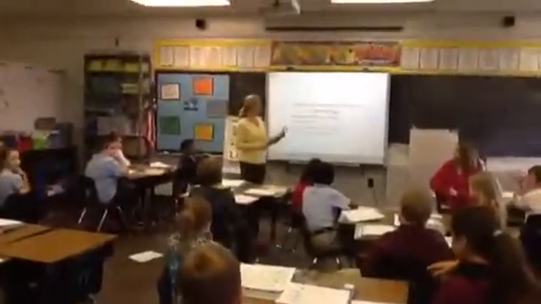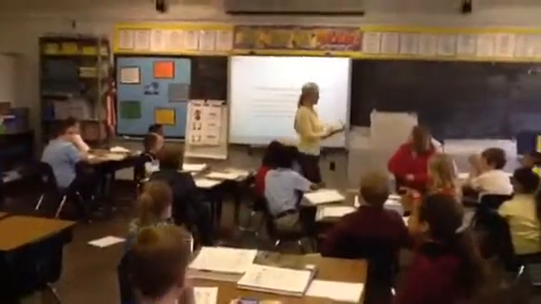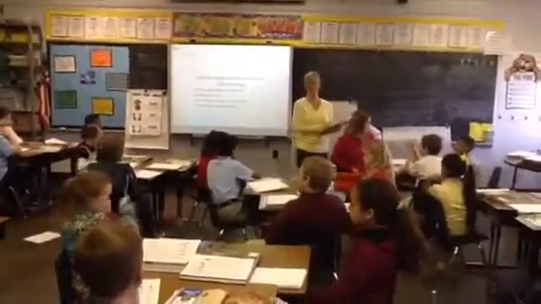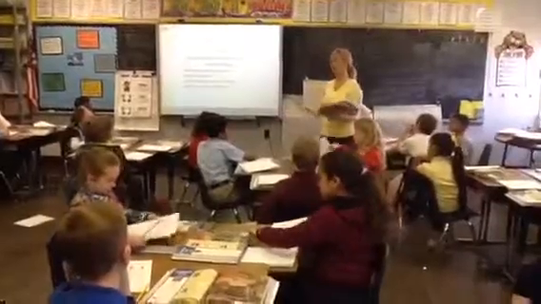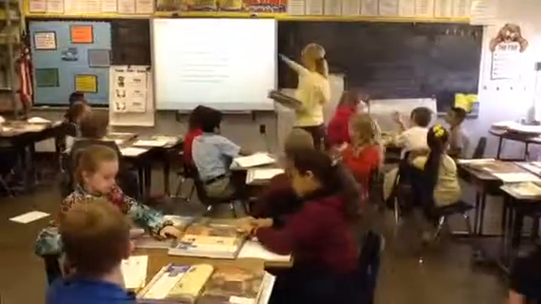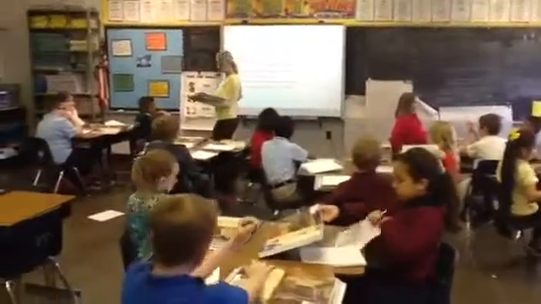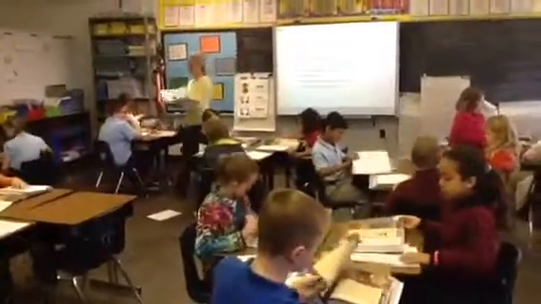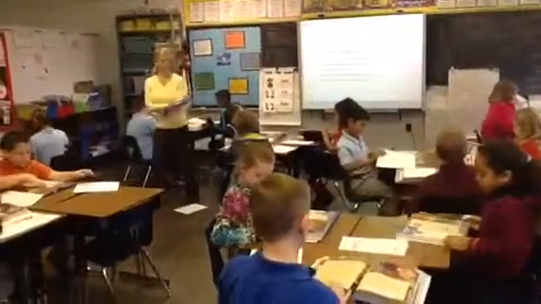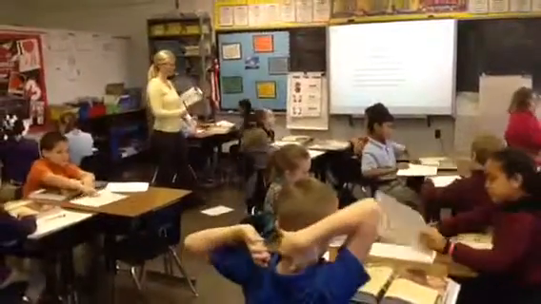Okay, so we're going to look at the first page of this text together, and I'm going to model for you. I'm going to read the page and model for you what I'm expecting you to do in order to use these questions and to determine the main event. So everybody look with me on page 348, or let's go ahead to page 350. The opening page of the text. Page 350.